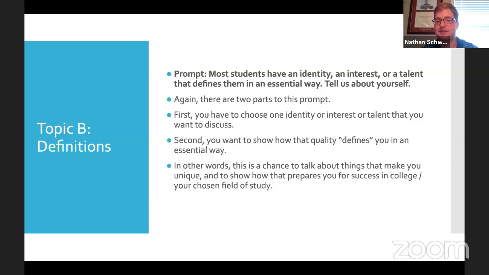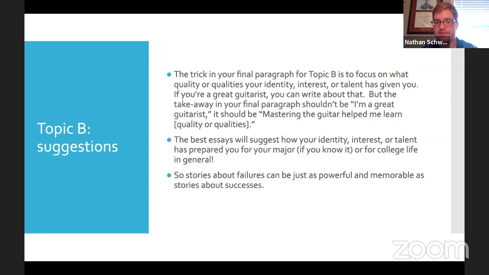So in other words, this could be a chance for you to talk about things that make you unique and also show how they prepare you for success in college or in life after high school, generally speaking. The trick is to focus on what quality or qualities this identity, interest, or talent has given you.